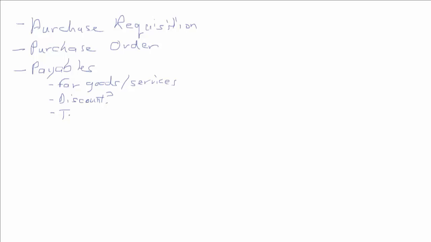And we want to take that into consideration when we determine the timing of payment. And we also probably want to consider our cash flows. If our cash flow cycle is such that we don't have the cash we need to take the discount, well, then we can't take the discount, we pay later.